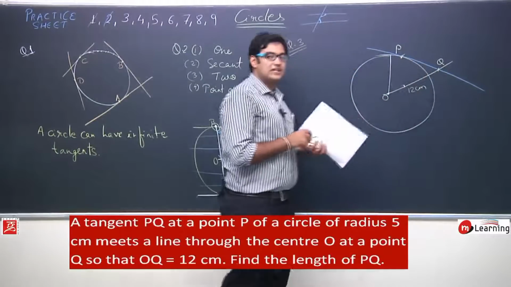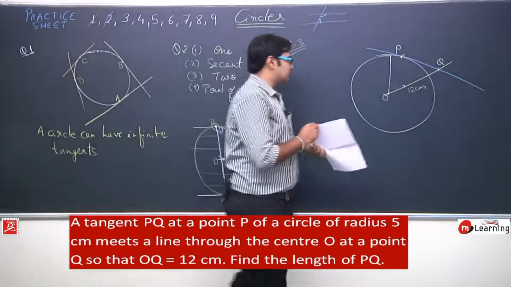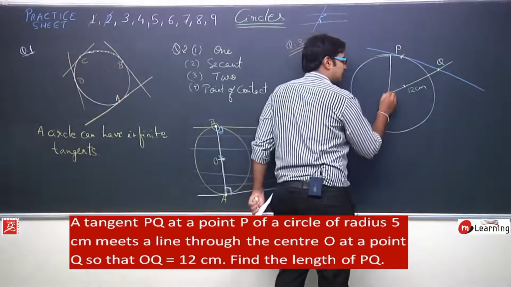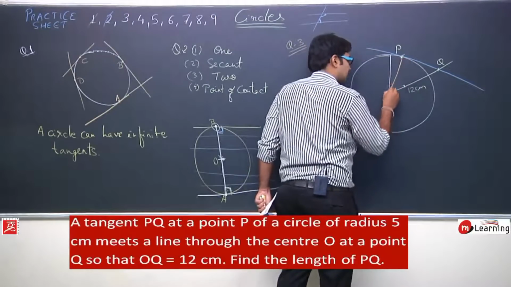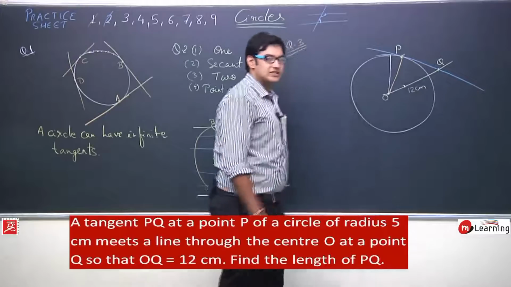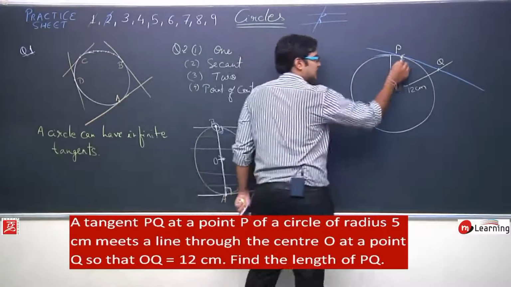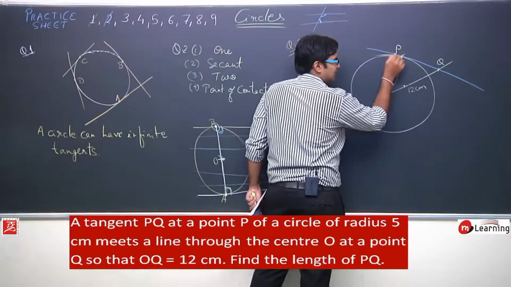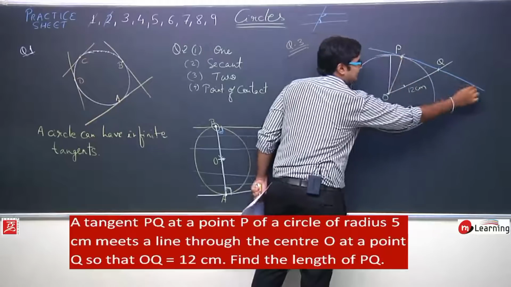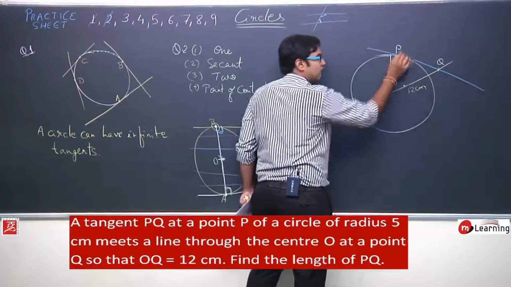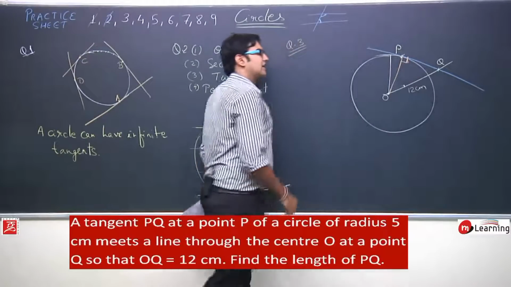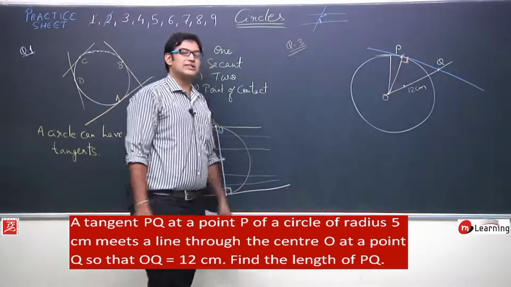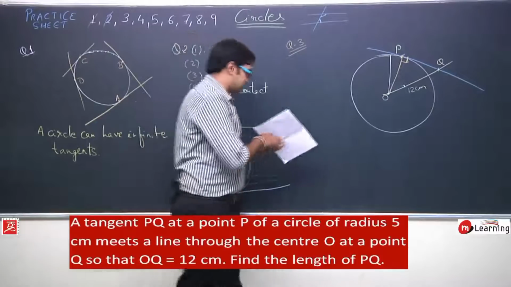Now you need to determine the length of PQ. How to determine the length of PQ? Let us first join this point P with the center. This is OP, which is the radius of this circle, and since at point P this line is a tangent, PQ is a tangent and OP is the radius, so from theorem 1 I can write that angle OPQ is equal to 90 degrees.